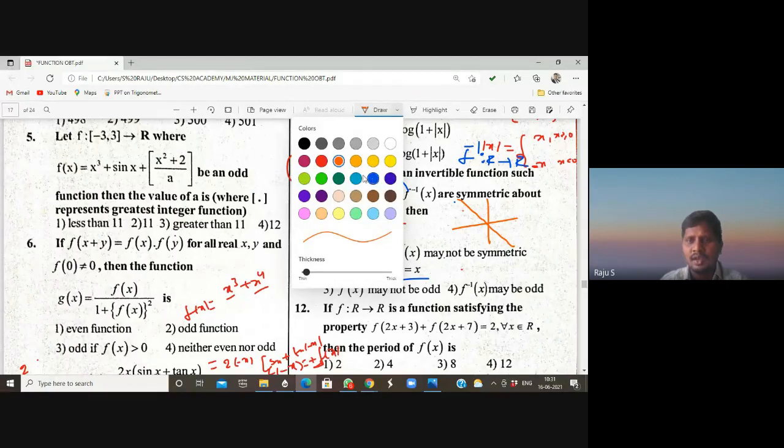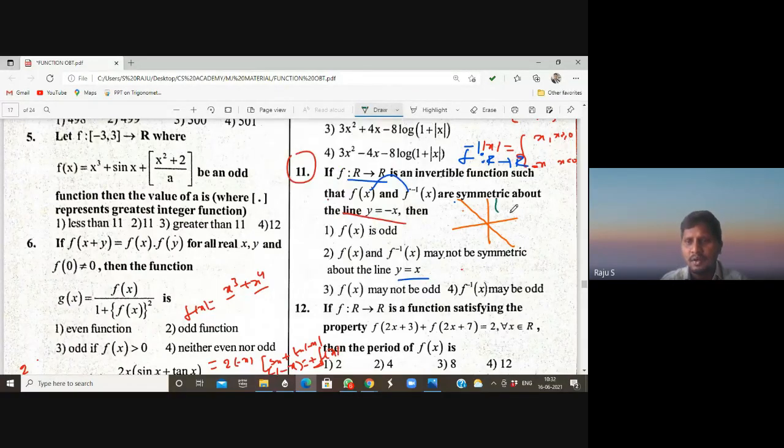If I take any graph in the first quadrant, its image we are going to get in the third quadrant. If I take any point in the first quadrant like x comma y, in the third quadrant minus x and minus y both will be negative, right? So if the function f of x is in the first quadrant, f inverse will be in the third quadrant.